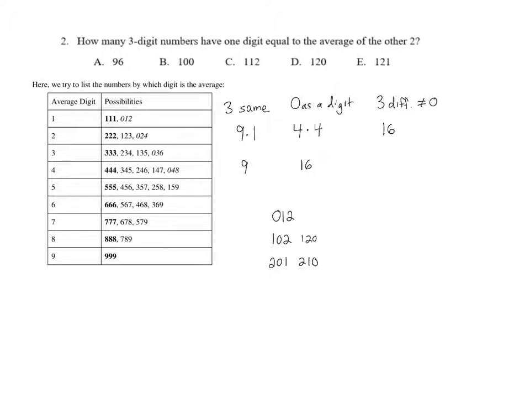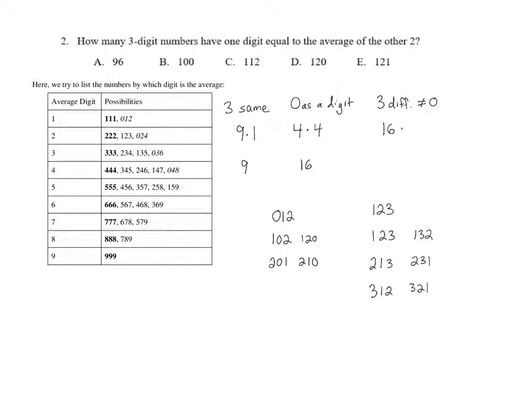Let's look at the example that has 1, 2, and 3 as its digits. Well, it can either start with a 1, a 2, or a 3. If it starts with a 1, it could be 123 or 132. If it starts with a 2, it could be 213 or 231. If it starts with a 3, it could be 312 or 321.